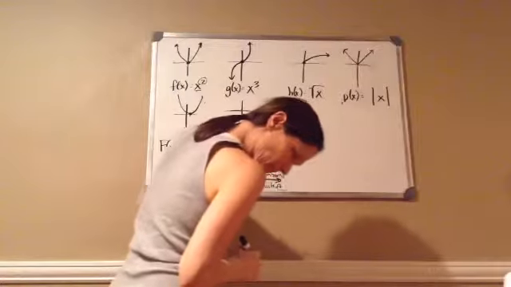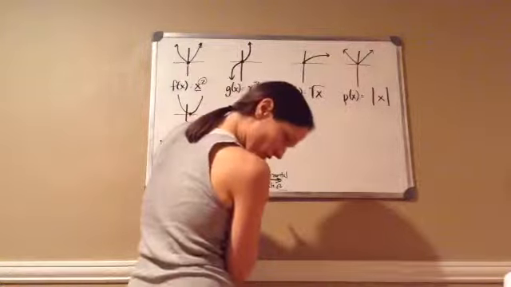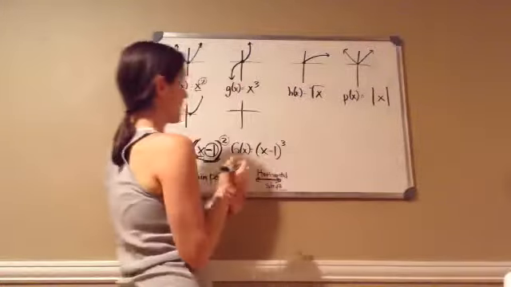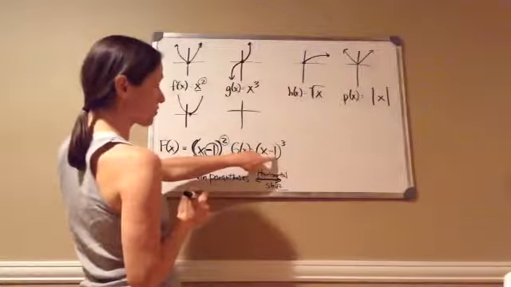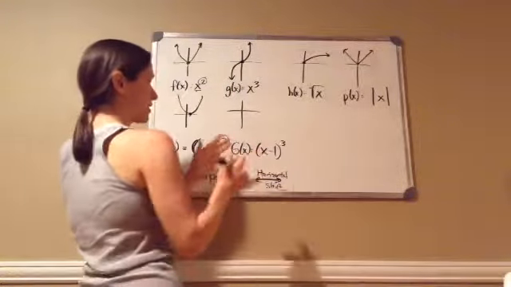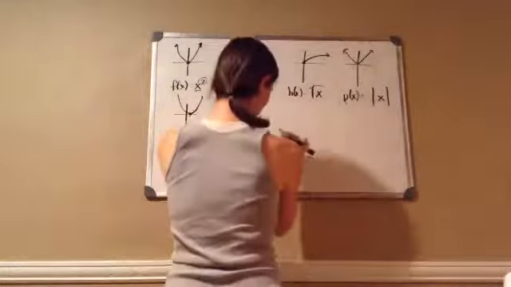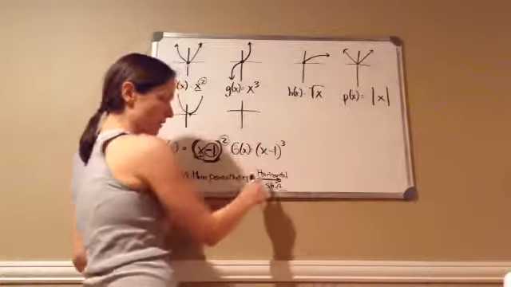This next one is g of x equals x minus 1 cubed. Okay, again, it's got my cubed, it's got my x, and then it's got minus 1. So when it's in that inclusion, that means it's going to go left or right, and it's the opposite when it's horizontal.